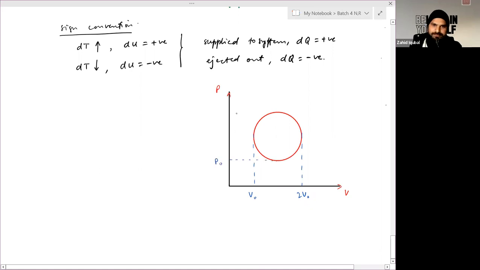On the pressure axis we have P0 and 2 P0. And the graph is in this direction.